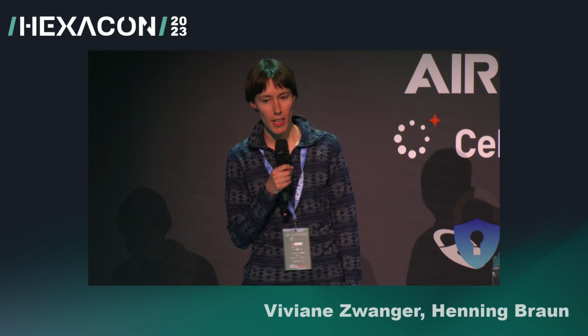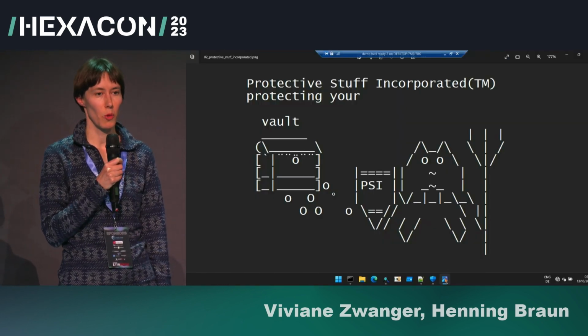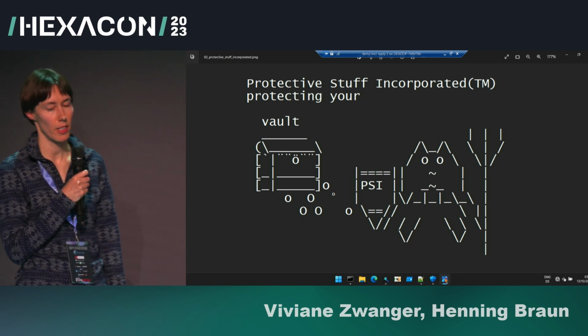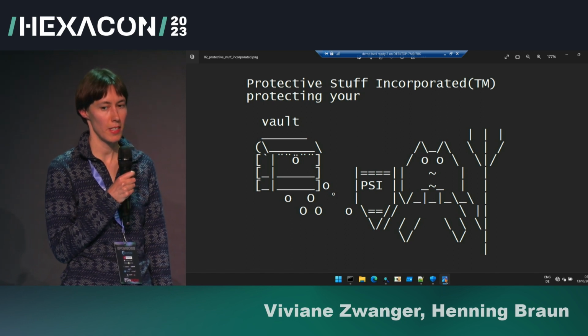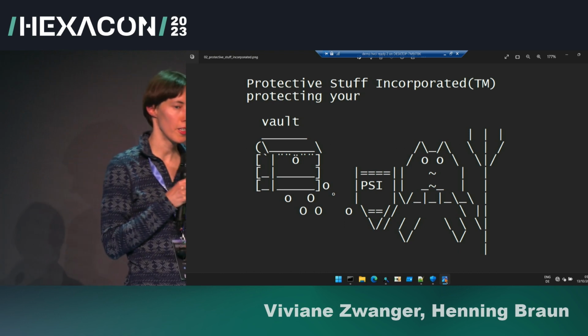One word to say is that for this talk, we were not allowed to give a real-world example due to legal reasons. So we came up with our own narrative. So please welcome the protective stuff incorporated driver TM. This is a driver that is supposed to have a vault.